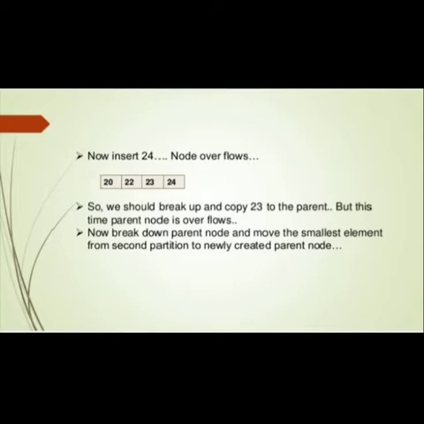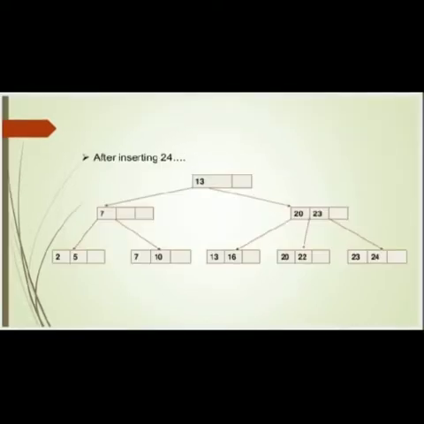To overcome this overflow condition, we divide, and 23 becomes a parent. 23 also shows an overflow condition. Then we divide these and we get a final subtree as 13, with 7 as the left node of 13 and 23 as the right node of 13. This is the final one.